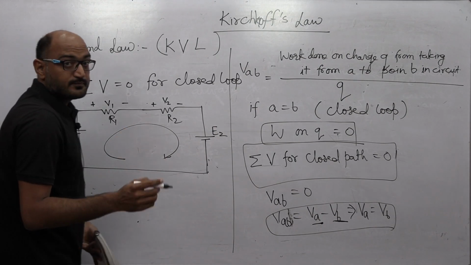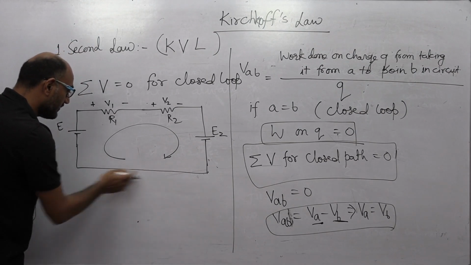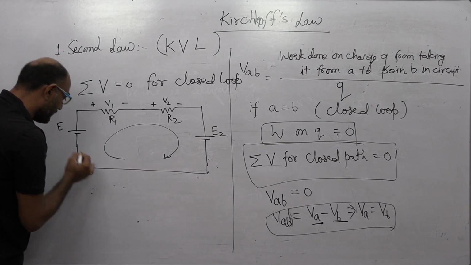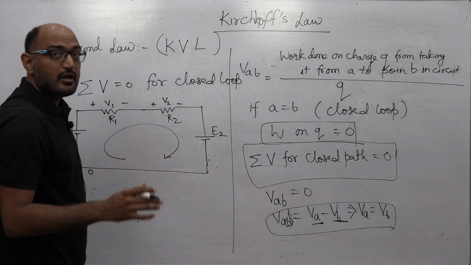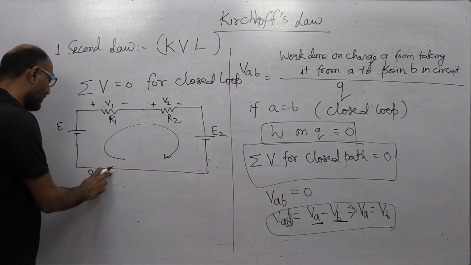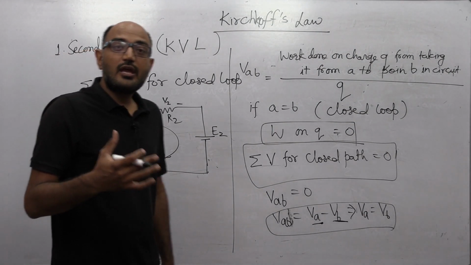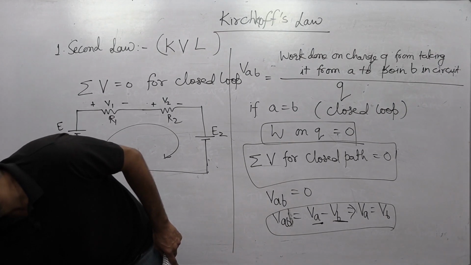Now, which is my reference point or reference node? I am taking this line. Here this point is reference point, and the reference voltage here I am taking 0, means the virtual ground or the floating ground.